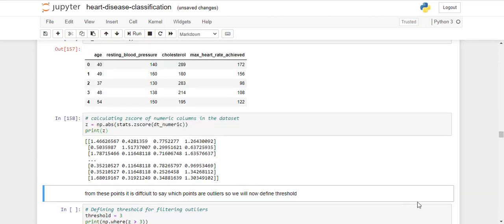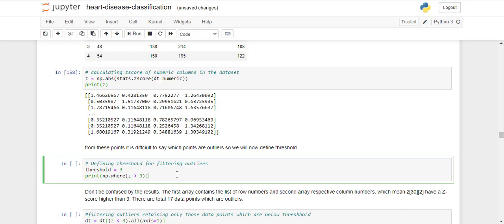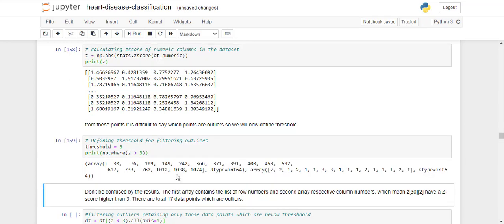Okay. Now we have to define a threshold and filter based on that, wherever the Z value is greater than 3. So these are the points. Don't be confused with this result, because the first array is the row number, or actual indexes, and these are the column numbers.